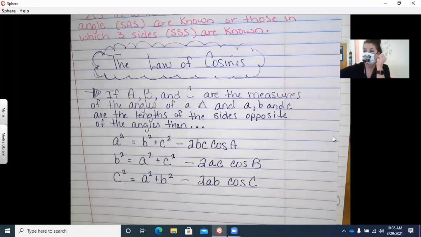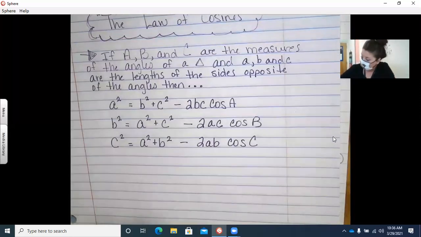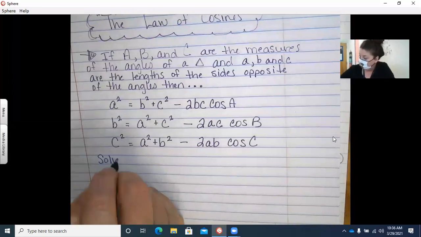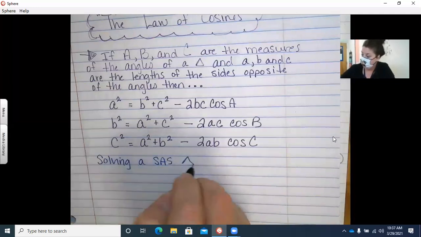And here are the steps that you would use for a side angle side. Step 1.